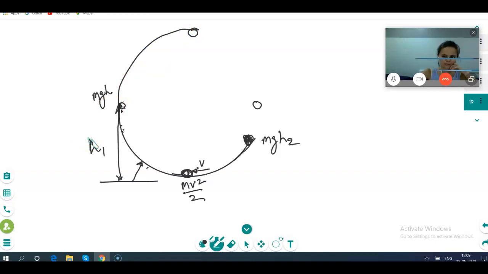Please tell me. You will give a velocity in such a way that the kinetic energy at this point must be equal to the potential energy at this point. Am I right or not? Okay, so it can get there. Is it clear or not?